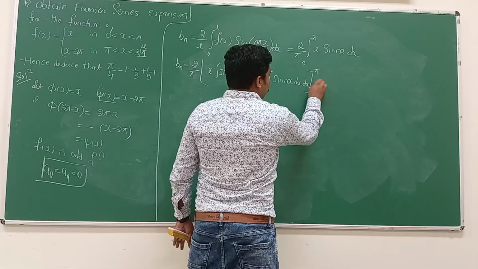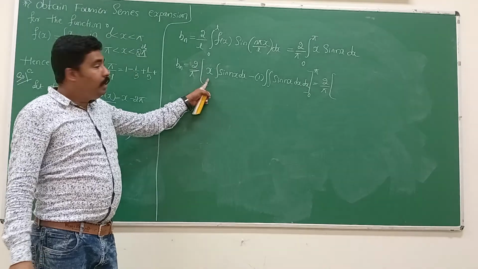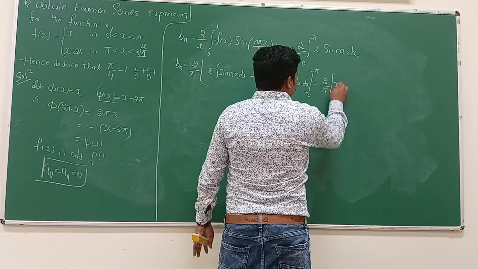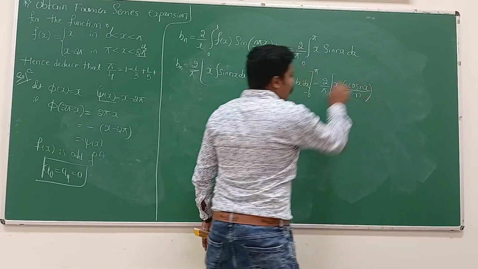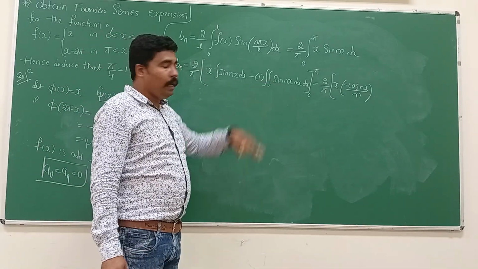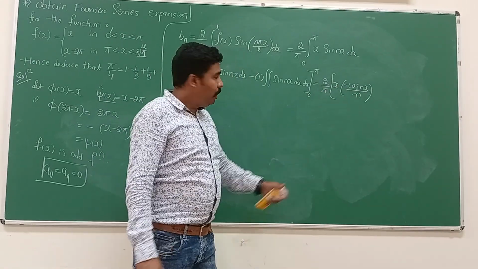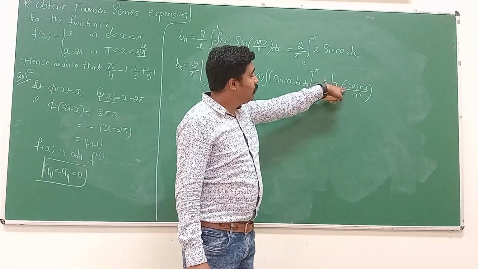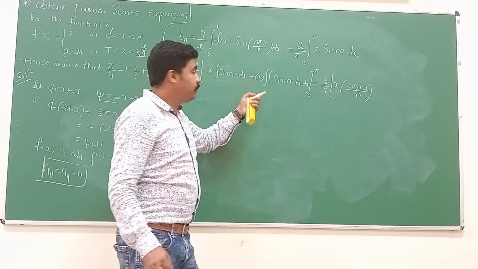Now it is 2 by pi, x into the integral of sine, which is minus cos, so x into minus cos nx divided by the coefficient of x, which is n, minus the double integral of sine. One time integration we have minus cos nx by n. If I integrate this one more time, cos becomes plus sine. This minus will be written as it is, and this minus and this minus become plus.